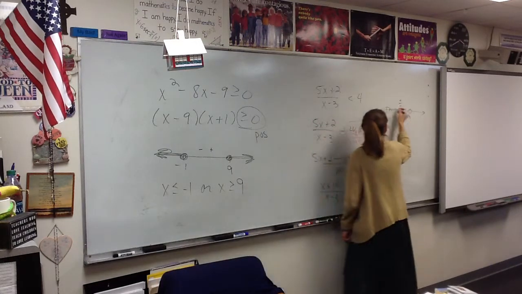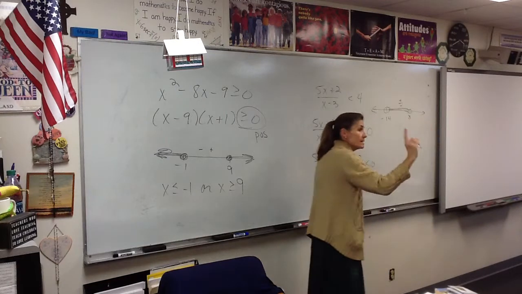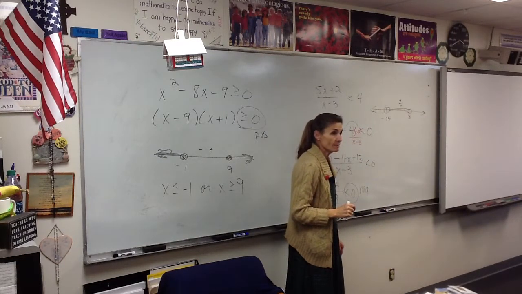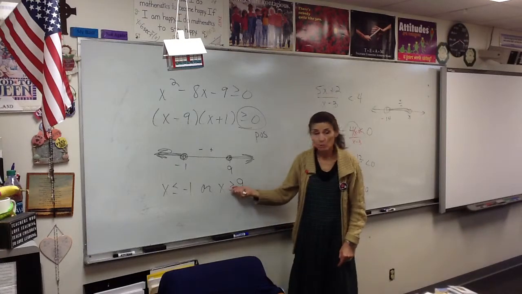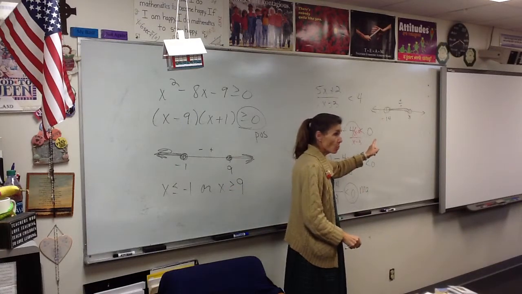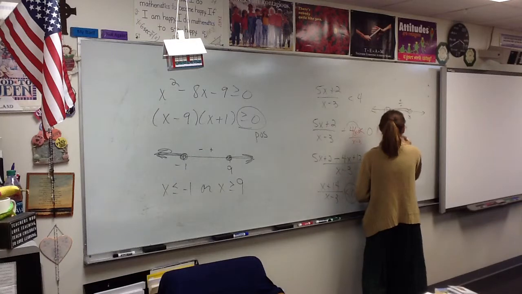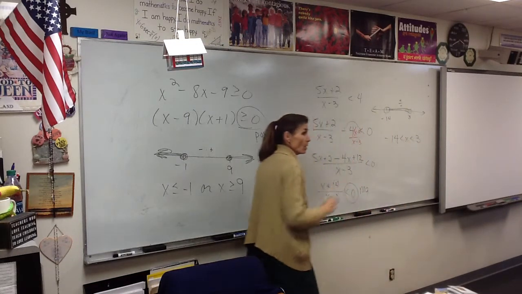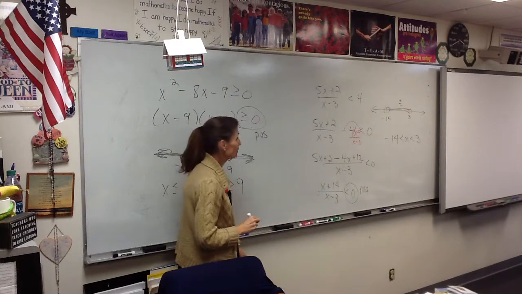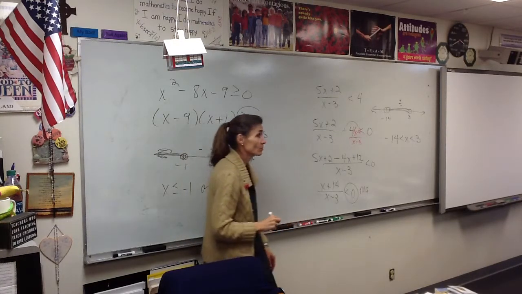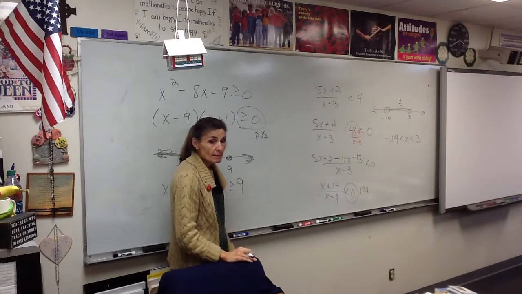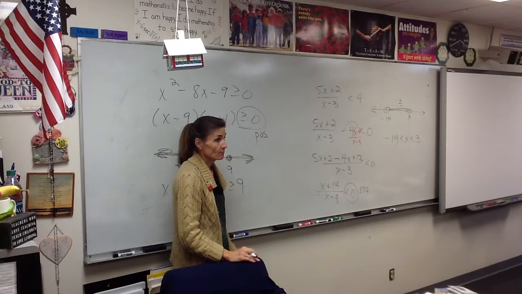So this section works. Now, kids, how many sections are colored in? 1. Not 2, 1. So when there's only 1 section, you can write it together as one piece. All the x's between -14 and 3. Any questions about that?